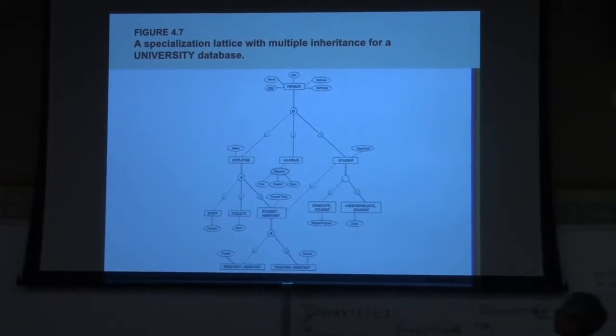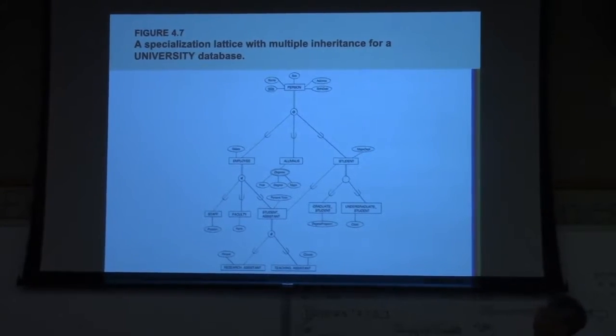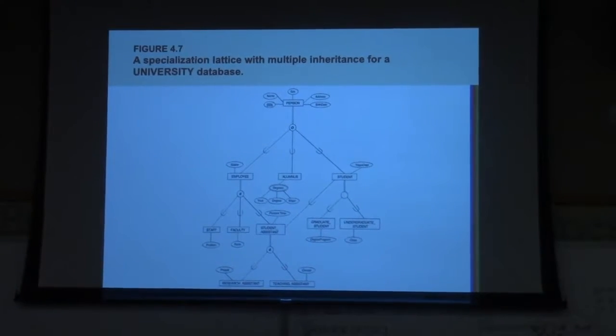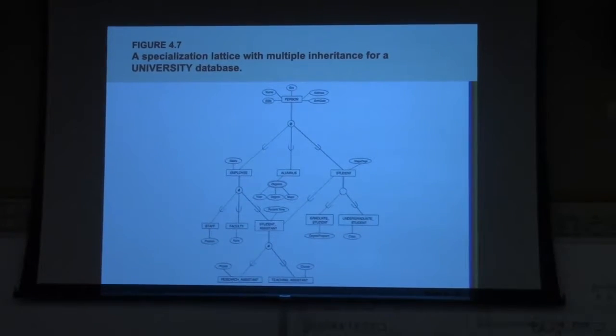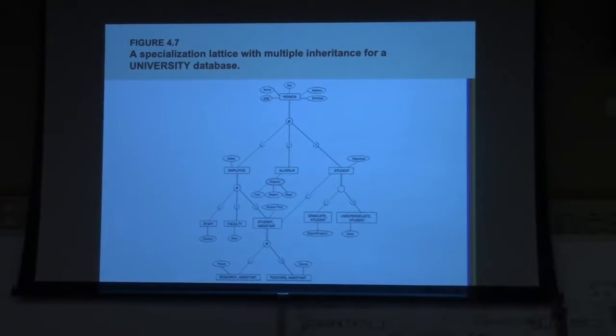If we create the employee for all of this, then it can be one table. But in this case, we consider the student and teaching assistant as a part of student, because it's a multiple inheritance. Yes, it can be part of employee. At the same time, it can be part of a student. You need to decide one of them.